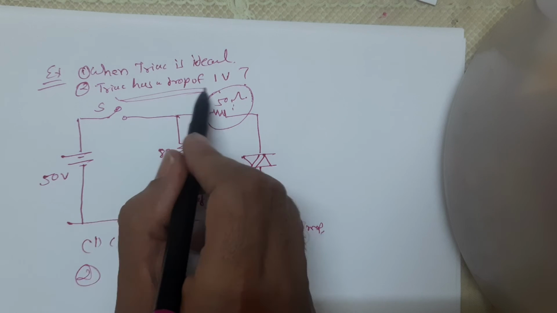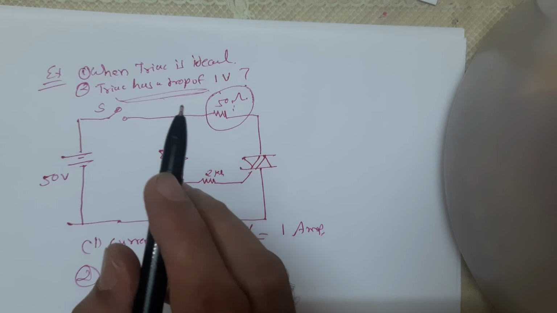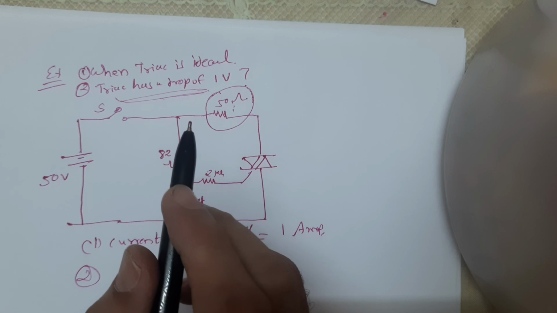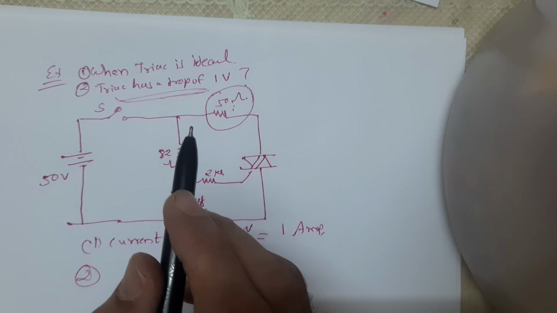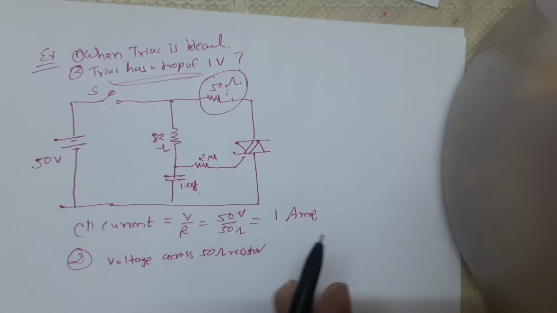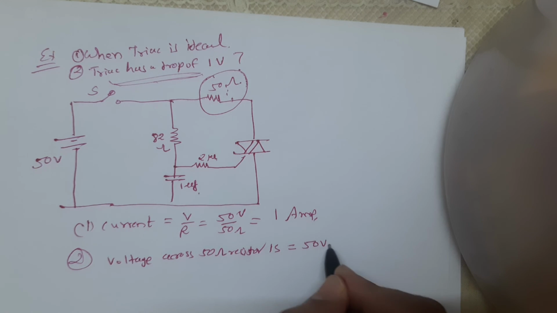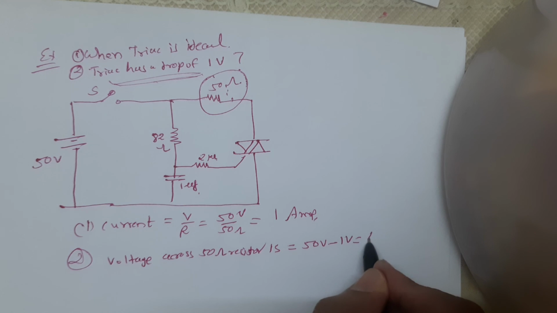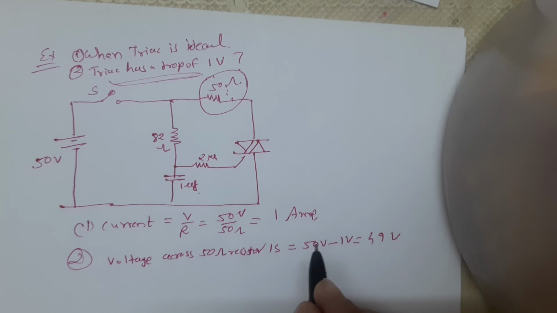Second, the triac has a drop of 1 volt. When the triac is fired into conduction, then the voltage across the 50 ohm resistor is equal to 50 volt minus 1 volt, that means this is equal to 49 volt.